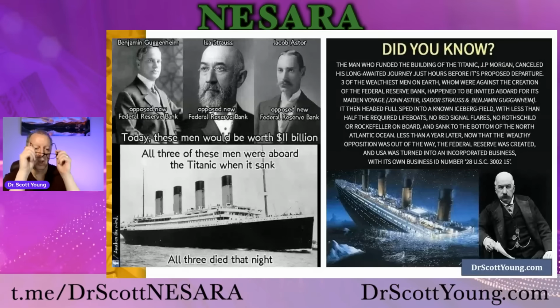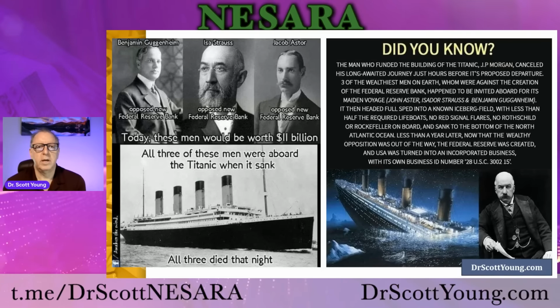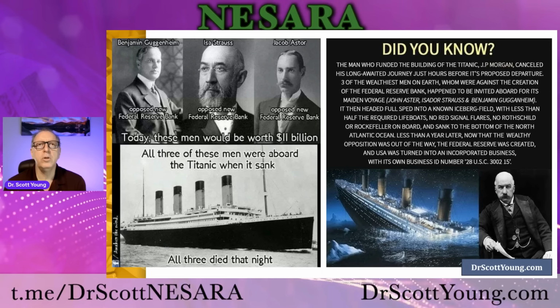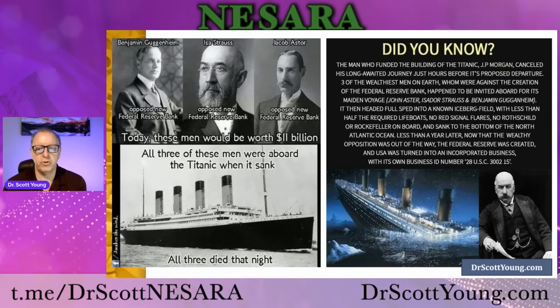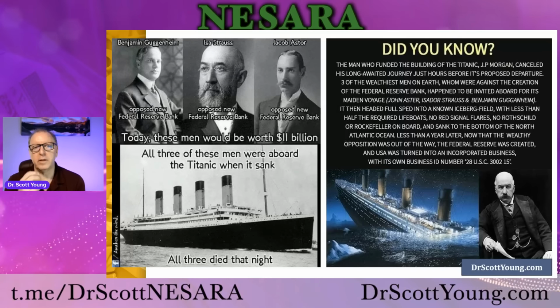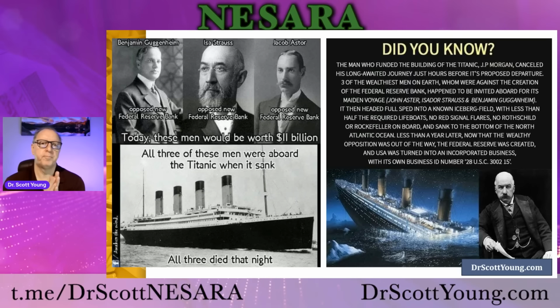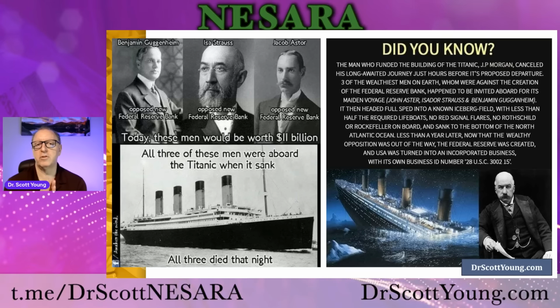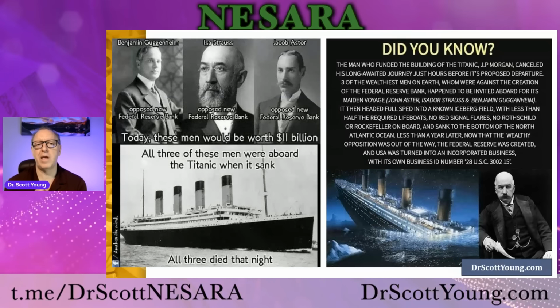Okay, so the Titanic is being built by the White Star Line. There is a sister ship at the same time that was being built, and that sister ship, the real Titanic, actually gets damaged a couple times.